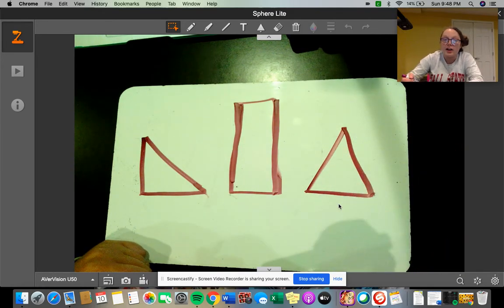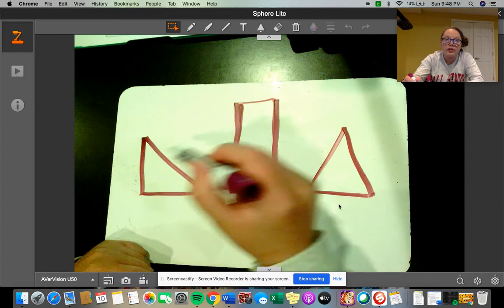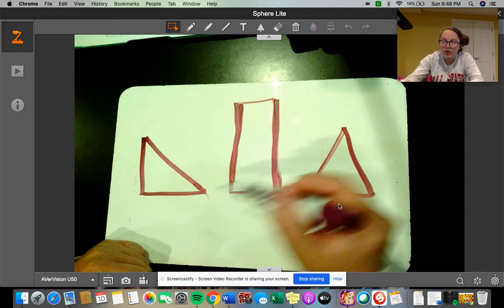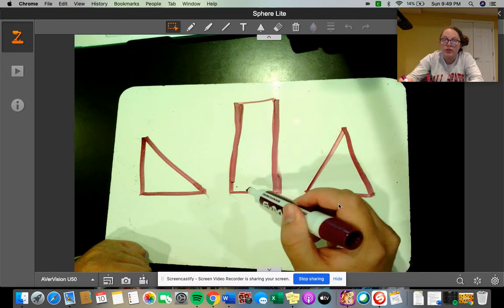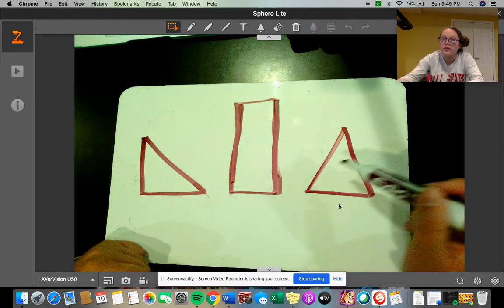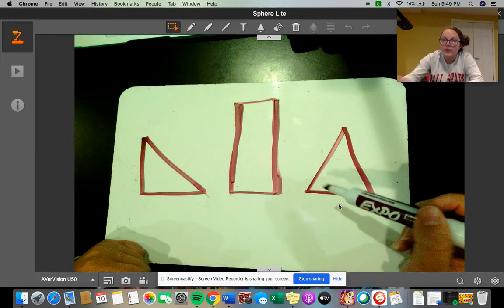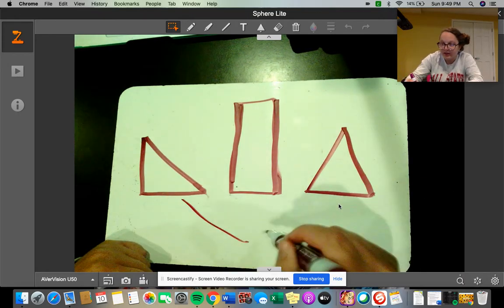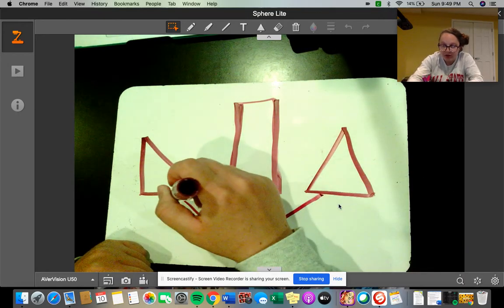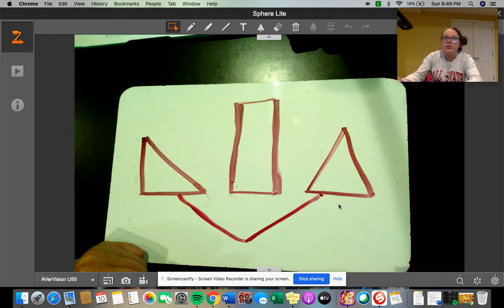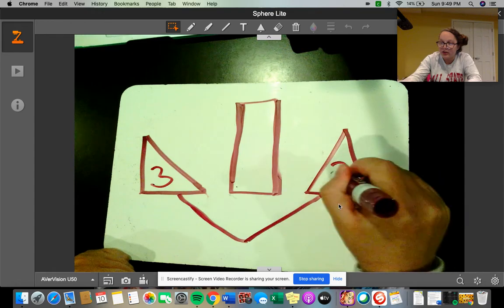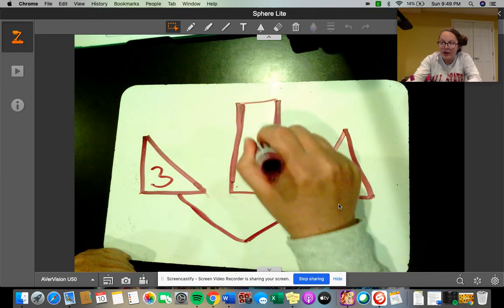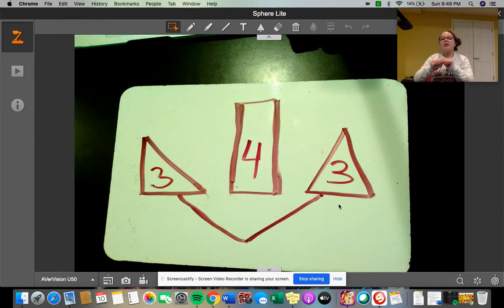And now I can count my sides. 1, 2, 3. 1, 2, 3, 4. 1, 2, 3. So these 2 shapes, the triangles, are going to be the same because they both have 3 corners and 3 sides, and this rectangle has 4.